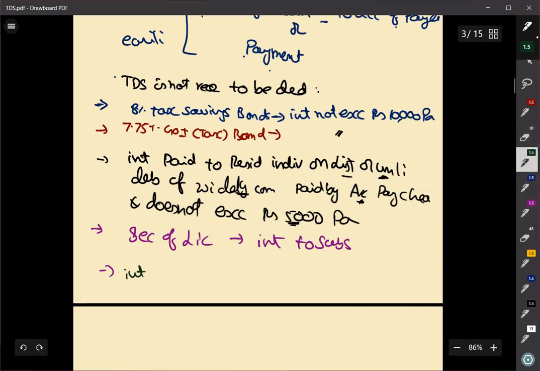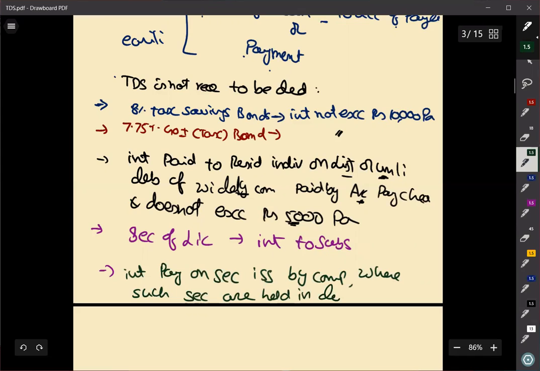Then the next point says that interest payable on securities issued by a company, where such securities are held in demat form.